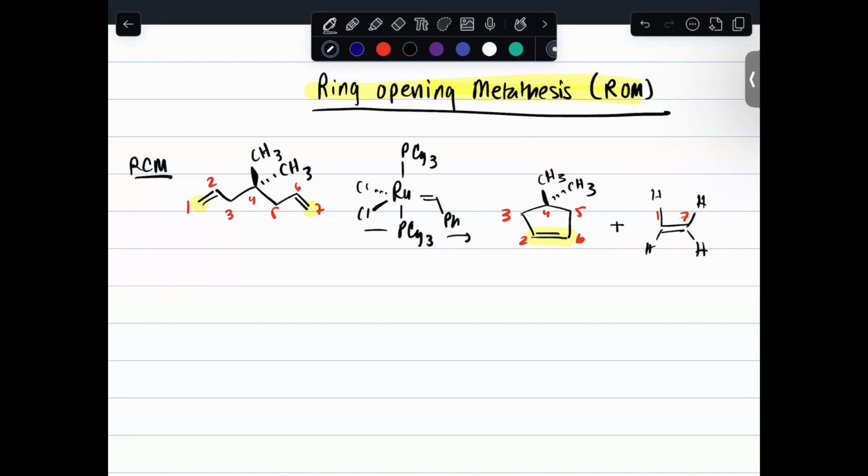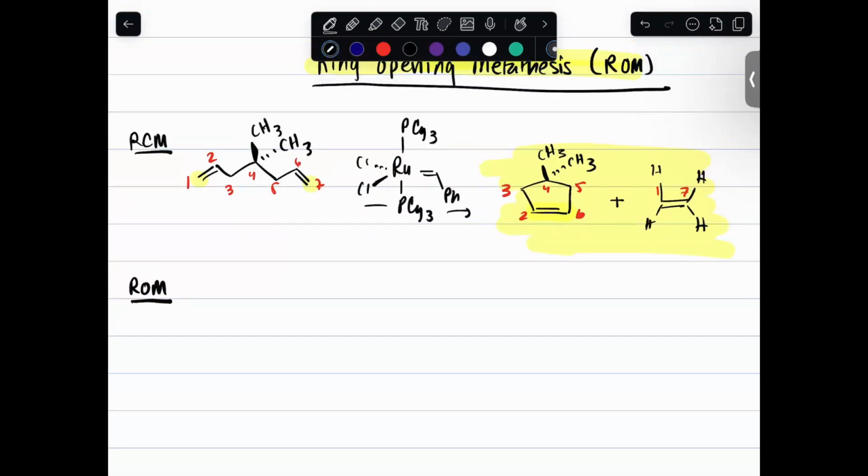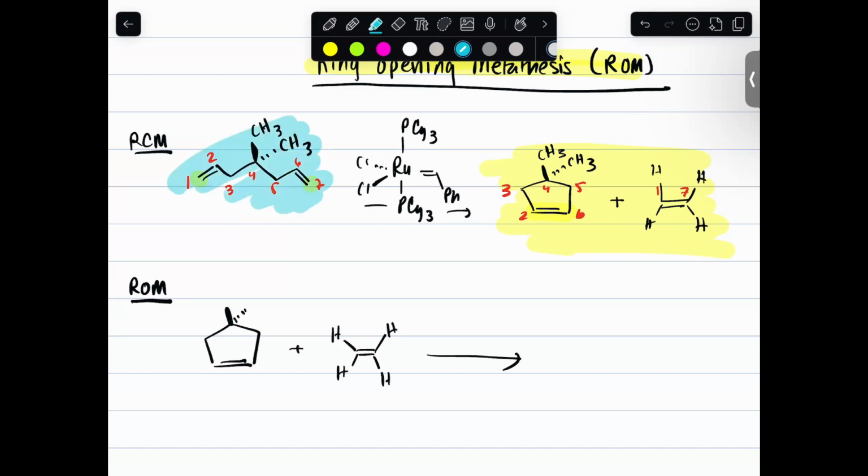And so, again, it shouldn't come as a surprise that for ring opening metathesis, everything that was product is now starting material, and everything that was starting material is now product.